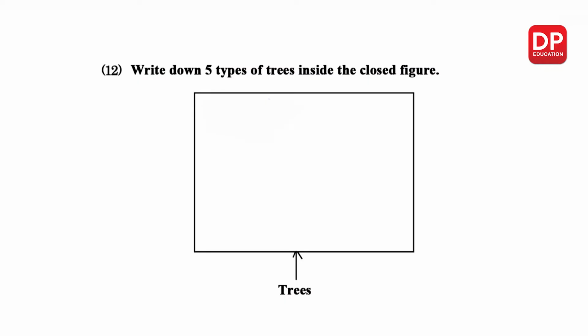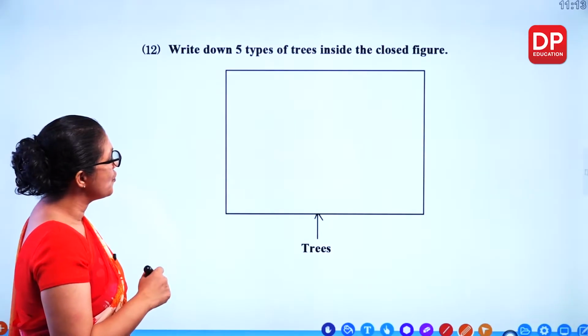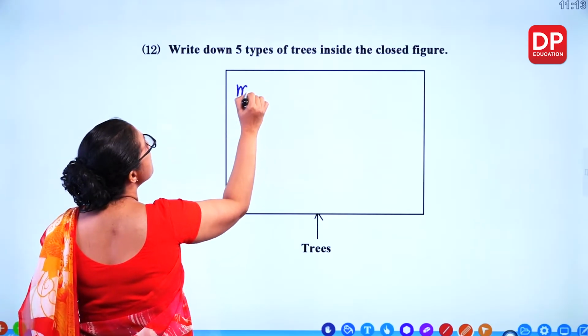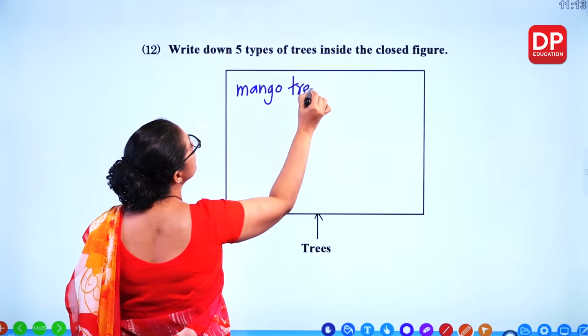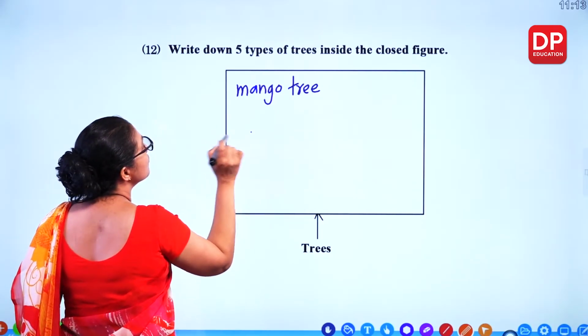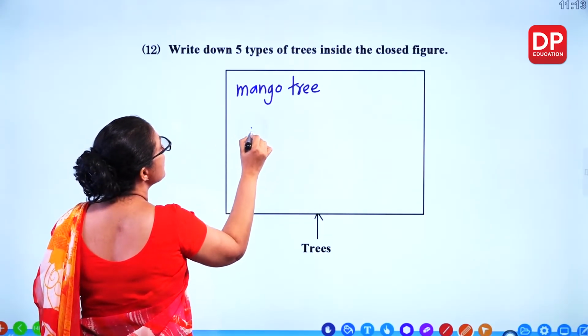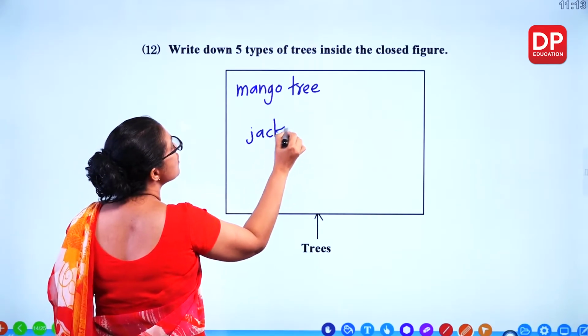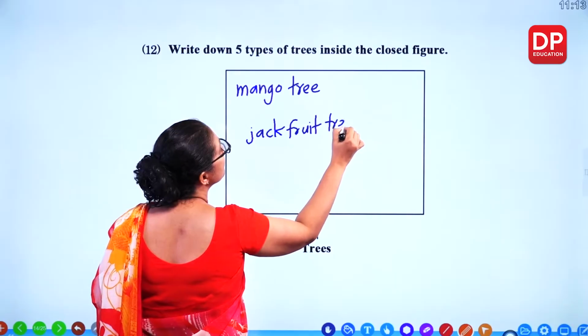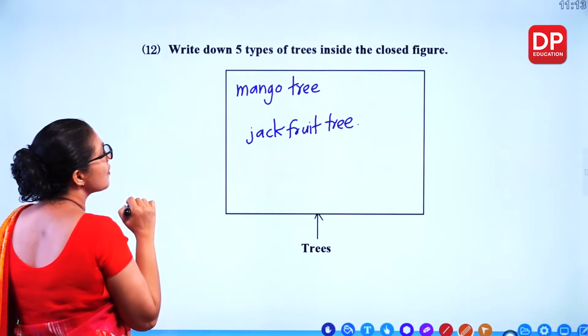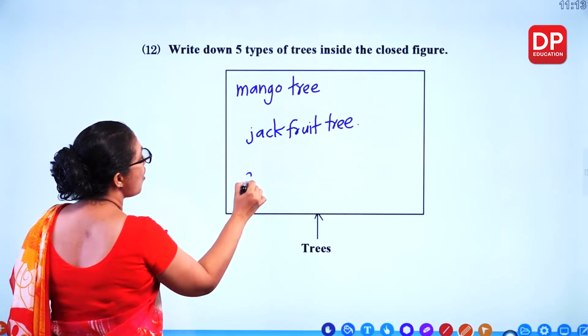Write down 5 types of trees inside the closed figure. Trees. Mango tree. What else? Jackfruit tree. What else? Guava tree.